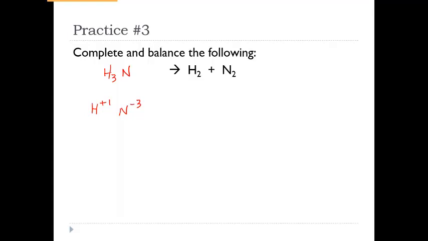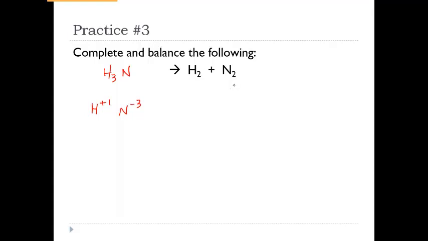Hydrogens are a little messy because you have an odd 3 on this side with an even, and so there's nothing that you can do to just one of them. You're going to have to change both of them. I usually save hydrogen for last. You could start with that if you wanted to, but nitrogen is a pretty easy fix, so I'm going to change the nitrogen first, and then that will hopefully make the hydrogen easier to balance.